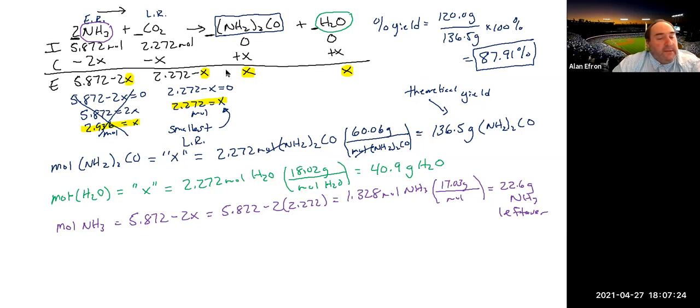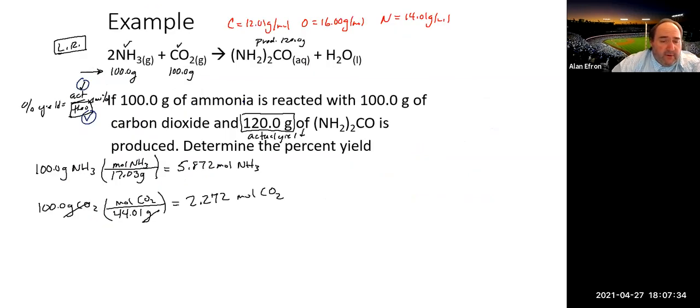The way that we do know that it was a limiting reagent problem, and this is usually always the case, is really back where we started. So we come back to our original problem here. What they told us was that we're starting with 100 grams of this guy and also 100 grams of this guy.